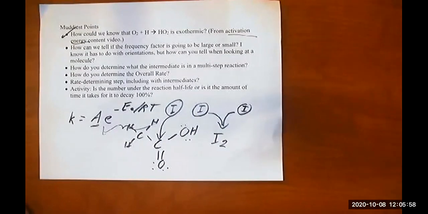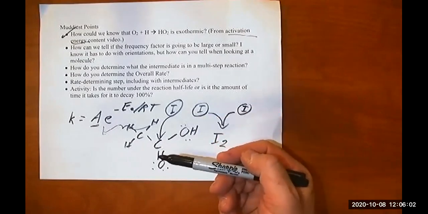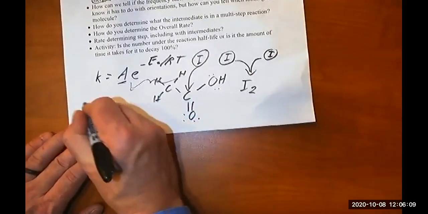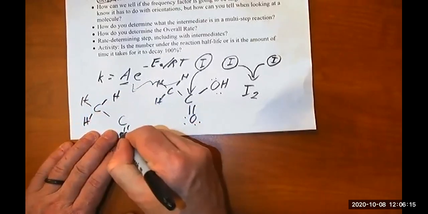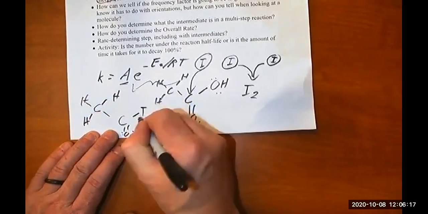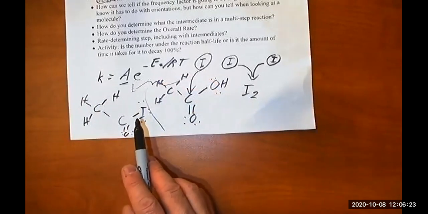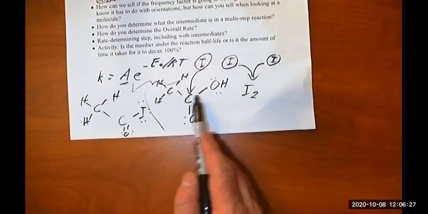You would have to have some information told to you to make that happen, or maybe you are told that the product of this reaction looks like that. If you're told that, then you would know that the iodine has to hit this carbon at some point.